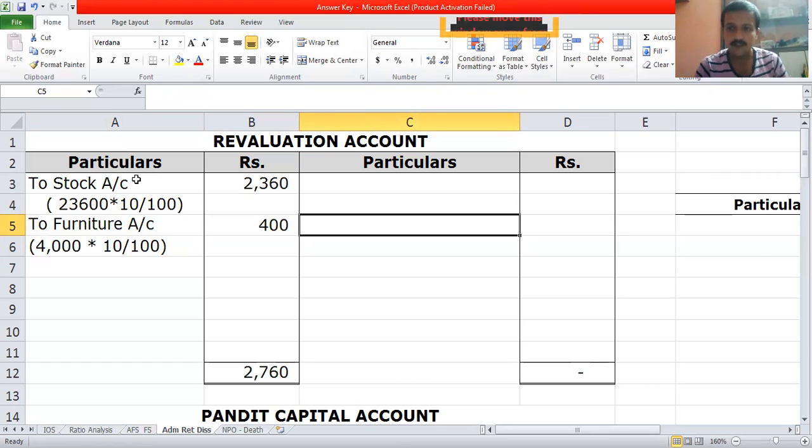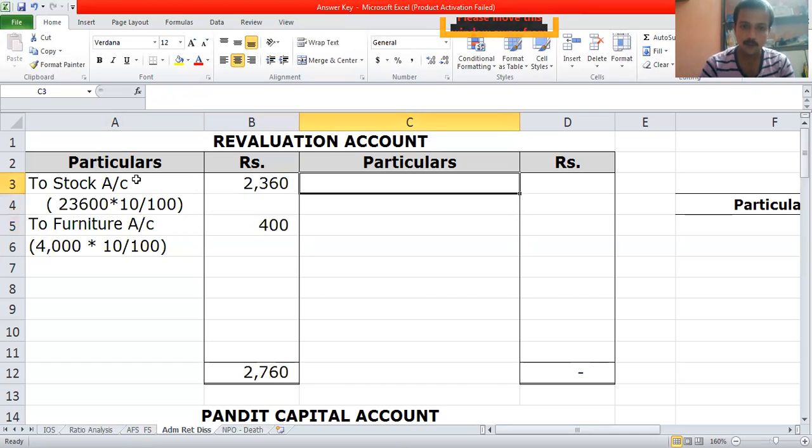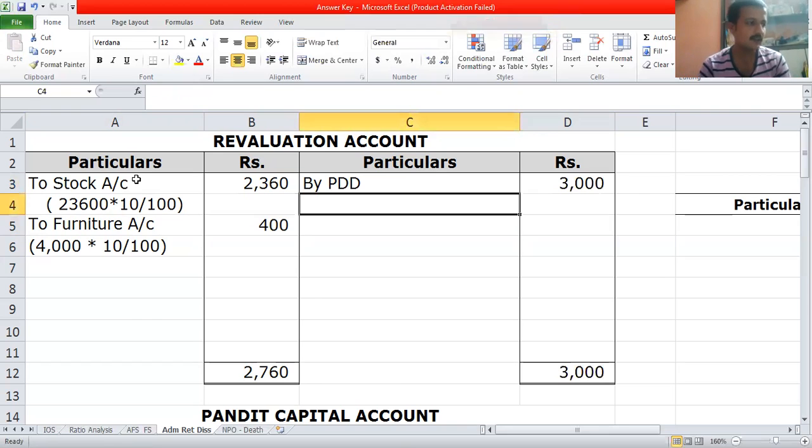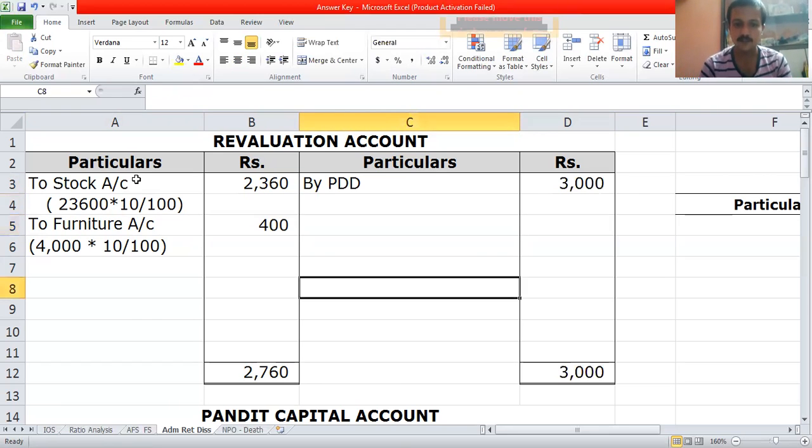There is one more point: PDD is reduced by 3,000. Here PDD is a liability. Try to understand: when a liability is reduced, it will lead to a profit. So it will be recorded on the credit side. So I write by PDD, 3,000, and there is no other adjustment.